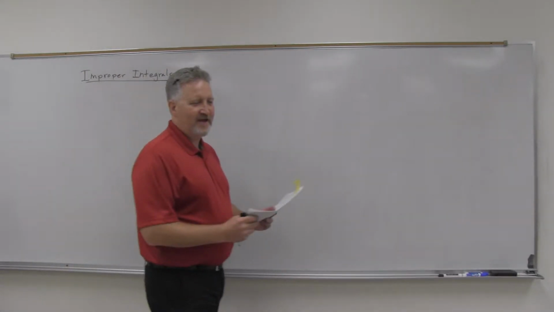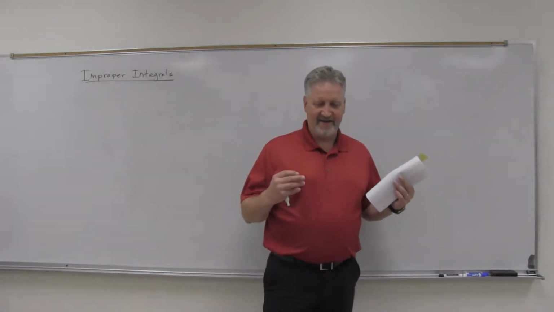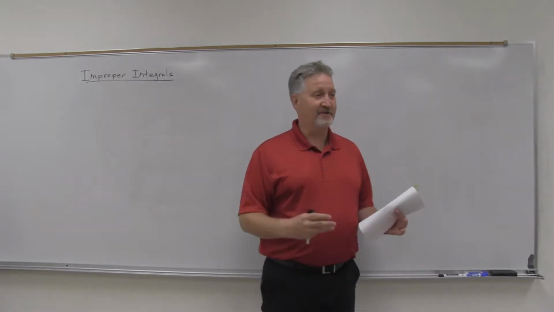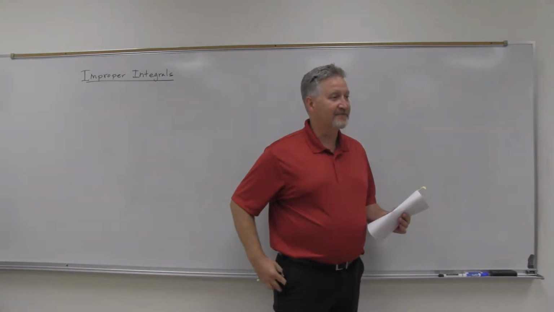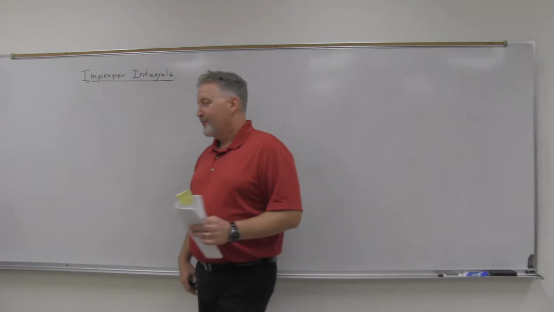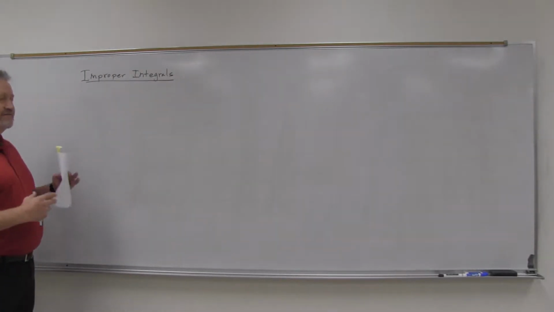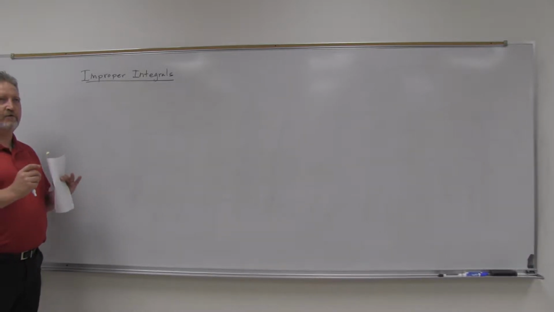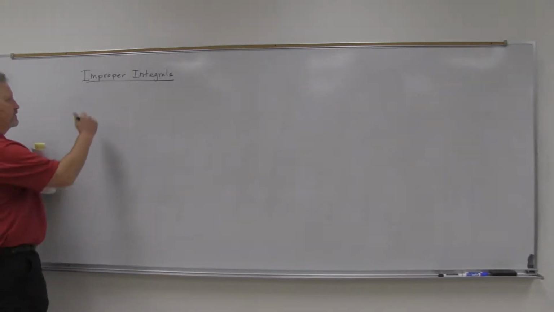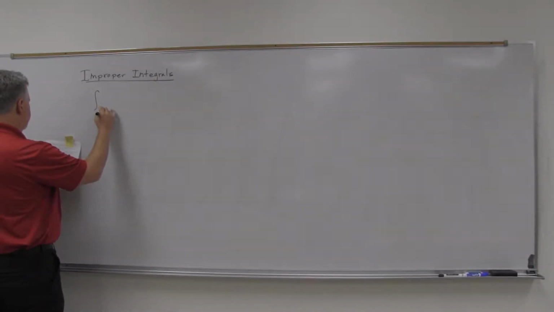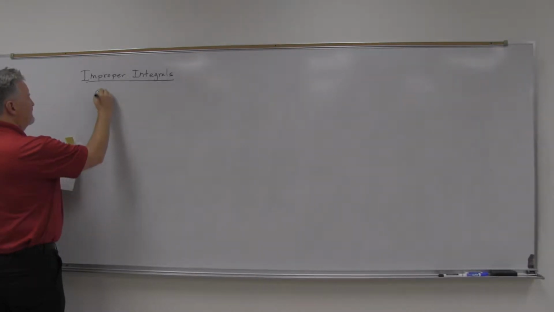What if we have one of our limits on our integrals as infinity? Remember back when we did integrals, what if one of the limits is infinity? 1 to infinity, 1 over x squared dx.